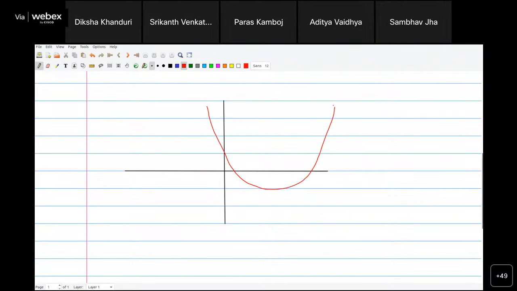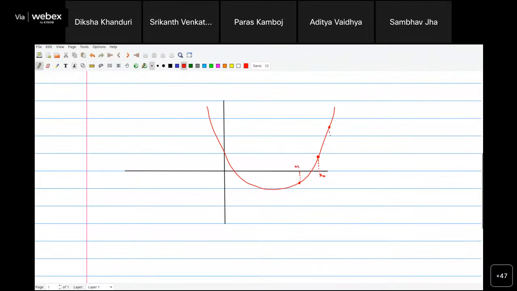Okay, now I am interested in finding the slope of a quadratic function at a particular point. We should be very clear that at each and every point the slope varies. So if I want to compute the slope of the quadratic function at this particular point, which is x naught, I will take 2 points equidistant from x naught, on the left side and the right side.